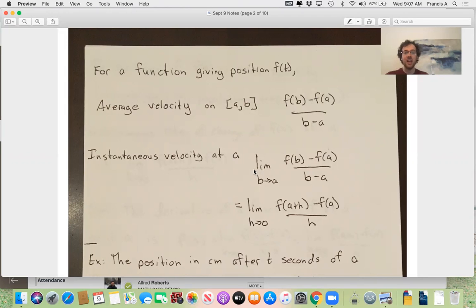And so given that instantaneous velocity is represented by these limits, problems that ask what is the instantaneous velocity of some moving object turn into: write down the corresponding limit and then compute the limit.